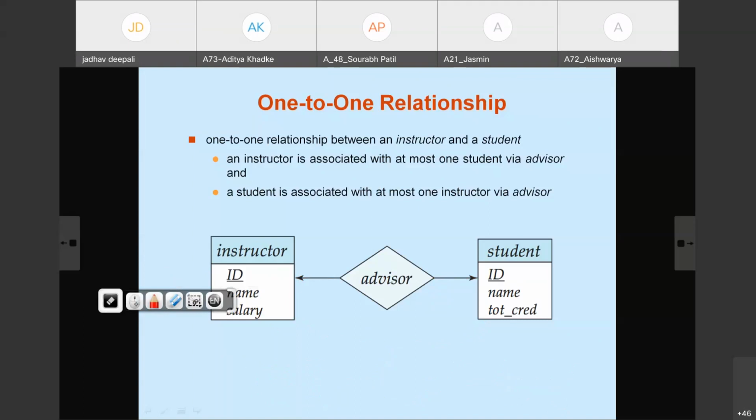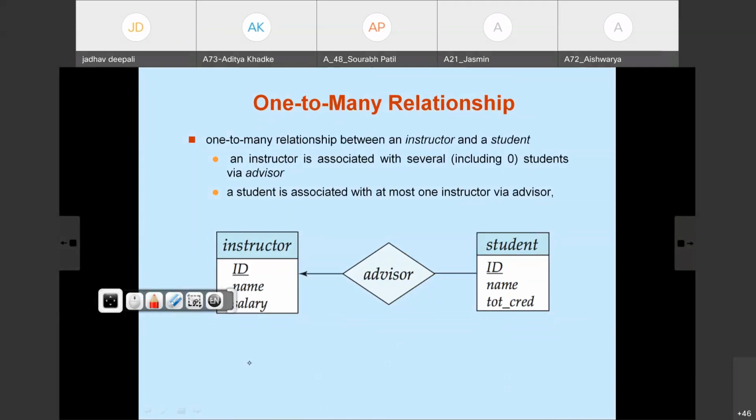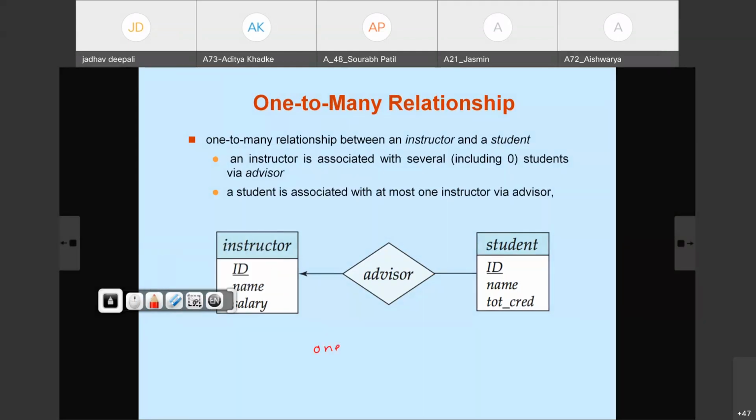Next, one-to-many. So a one-to-many relationship set between the instructor and the student. From instructor to student it is one-to-many. See, the words from and to are also important. From instructor to student means one instructor, many students, and one student is associated with at most one instructor.